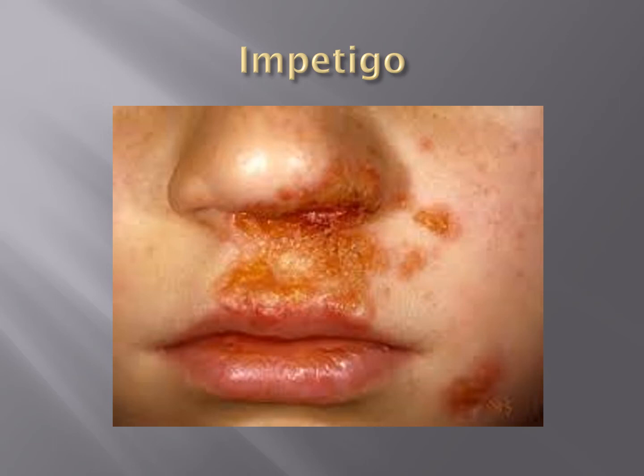A hallmark sign of impetigo is a honey-colored crust that forms over the papules. The treatment is usually a topical antibiotic. Some of the nursing actions that we would want to take is to apply cool compresses to the area. This allows us to soak the crust off, and then you can apply the topical antibiotic over the top of that.